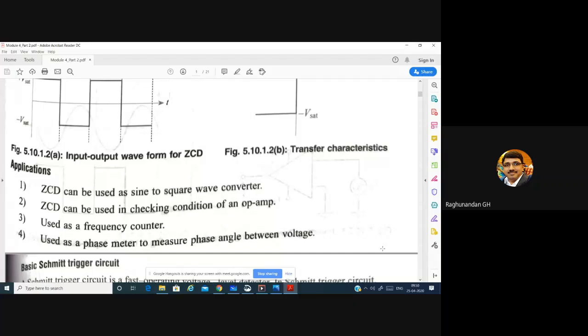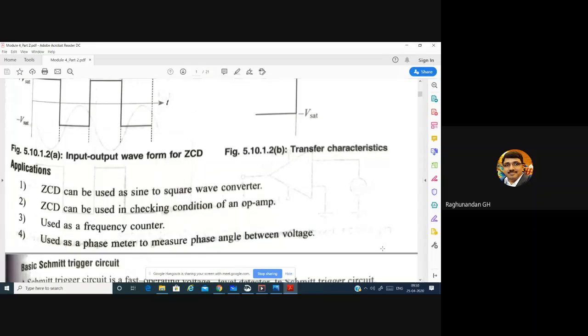It is a very simple way. We just take an op amp, connect plus VCC and minus VEE, ground the inverting terminal, give the input signal to the non-inverting terminal, and check the output. If you are getting a square wave, then it is working, otherwise not.